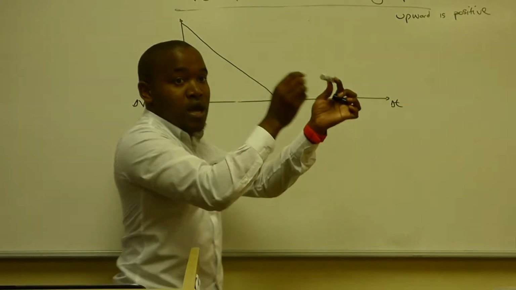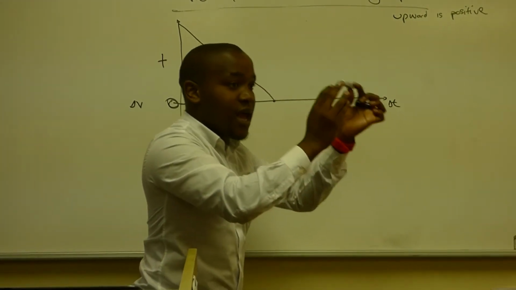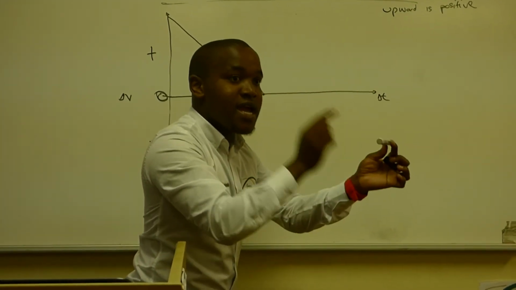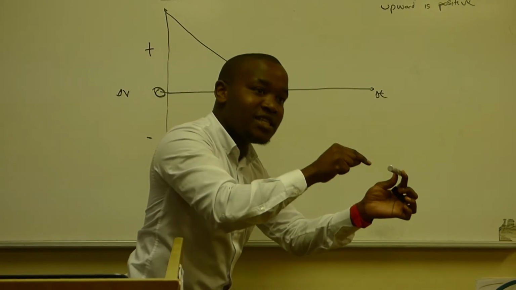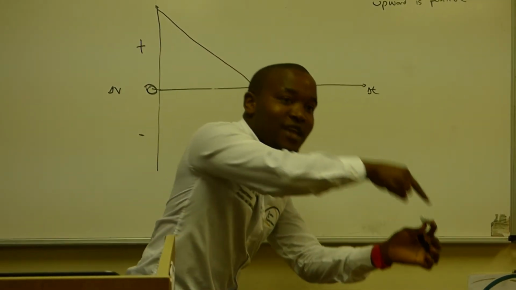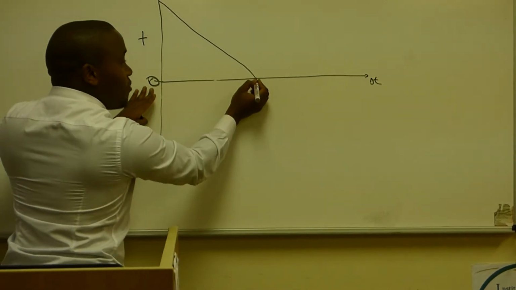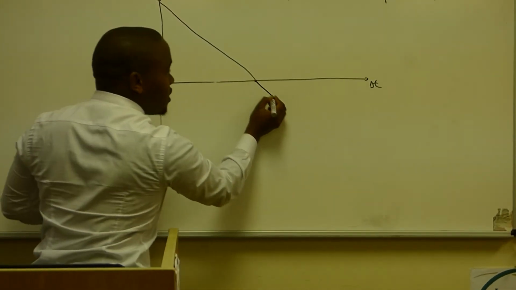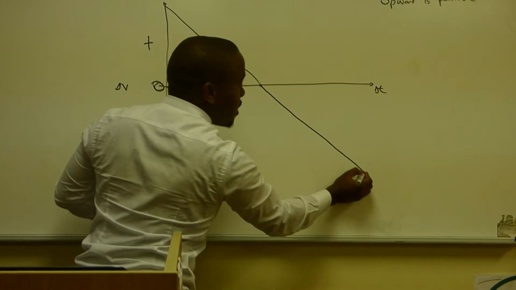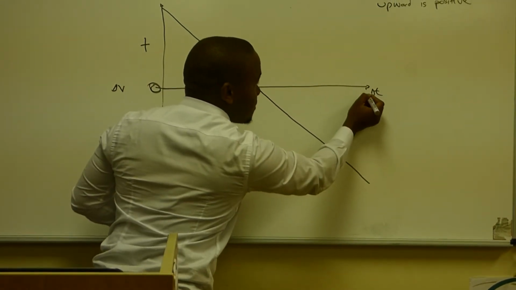Do you understand? Now, it will go down again. As it goes down, the velocity increases, but it increases in a negative direction. So velocity will be 0 at the maximum point, then it will increase, up until it reaches sometime here.